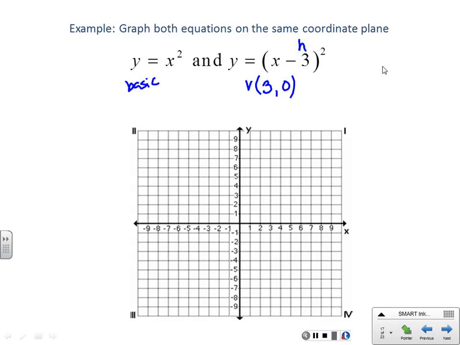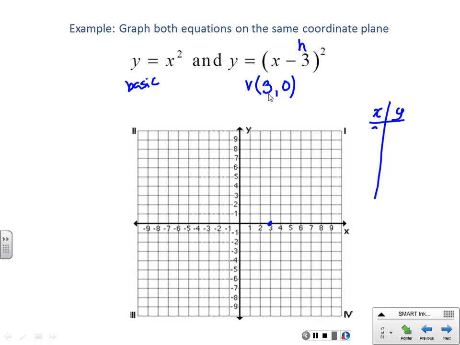3, 0. All right. So we're going to take our basic curve and we're going to shift it to the right 3. So to find two other points, let's plug in a number. What number can you not plug in? Yeah, we've already used 3, so you can't use that.